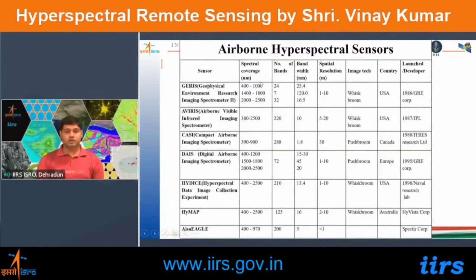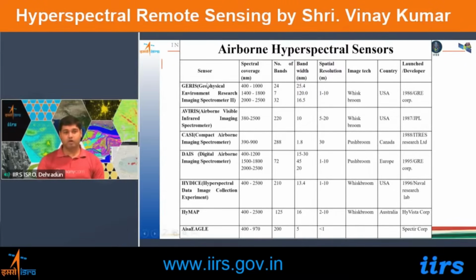Now coming to airborne hyperspectral imagers, normally it started with profiling hyperspectral sensors, where spectroradiometers were placed and spectral profiles were collected.